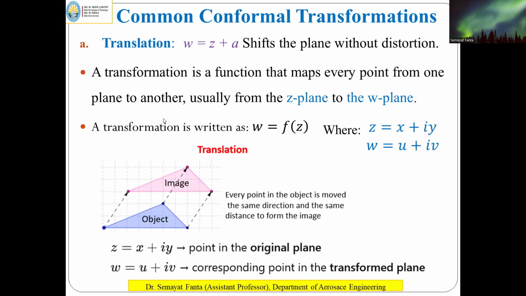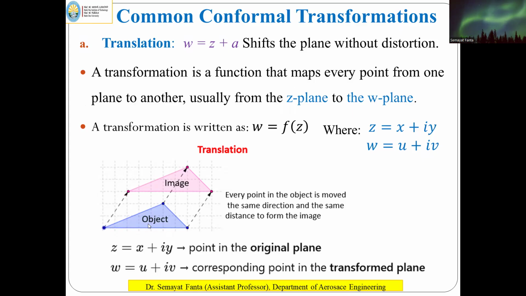So let's see the common conformal transformations which we usually use. One is translation, as we have mentioned earlier. In translation, W is equal to Z plus A. We have the Z plane, that is the X and Y plane. When we add A, it shifts the given object.